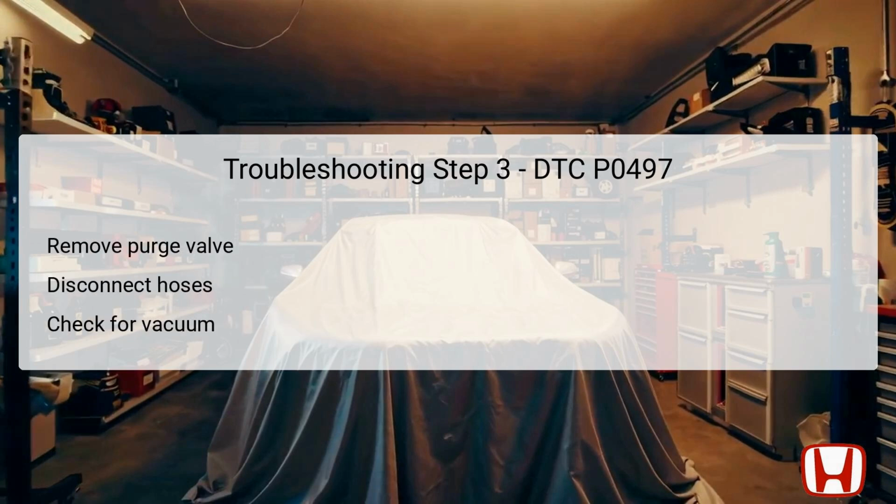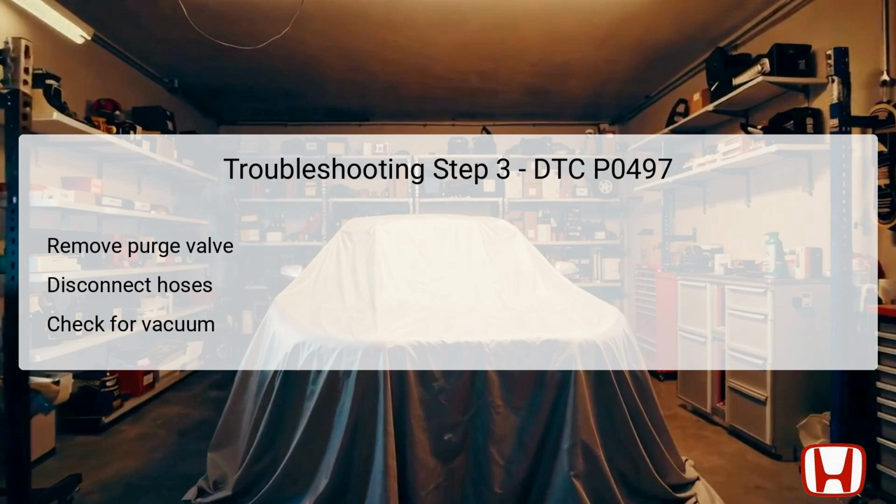The third step involves identifying the specific area of failure related to the EVAP canister purge line. Start by removing the EVAP canister purge valve while keeping the connector and vacuum hose attached. Next, disconnect the vacuum hose from the valve and remove the EVAP canister purge line from the canister.